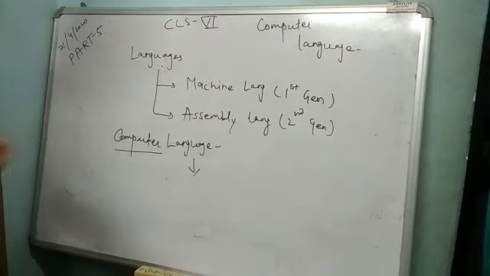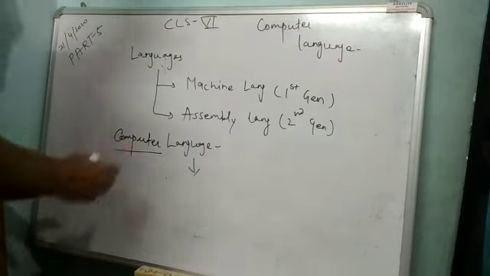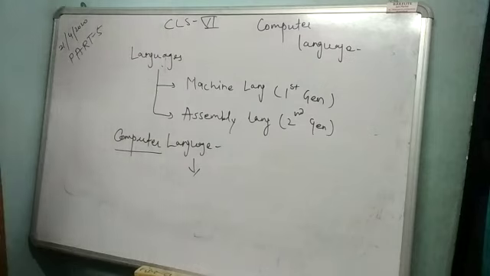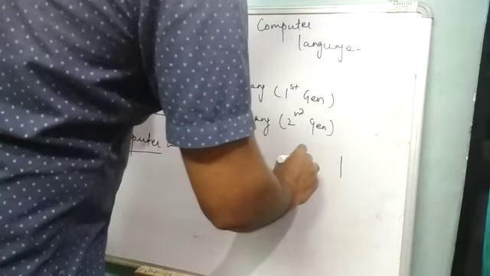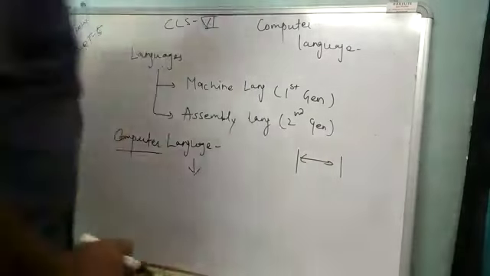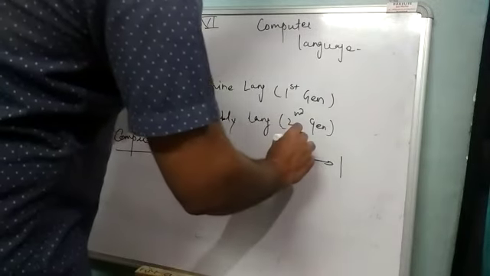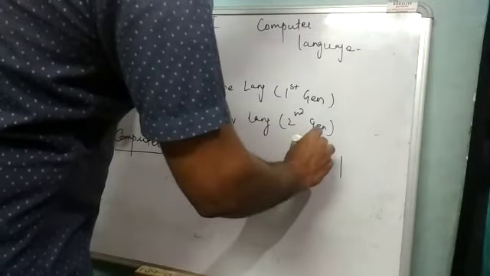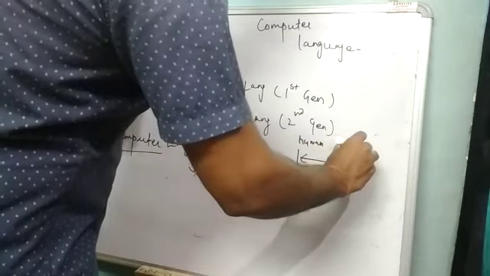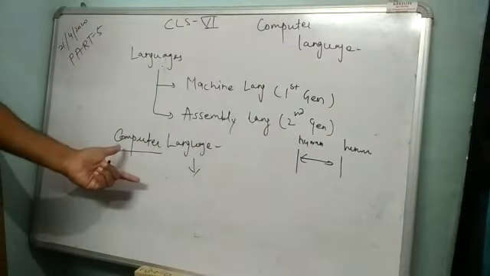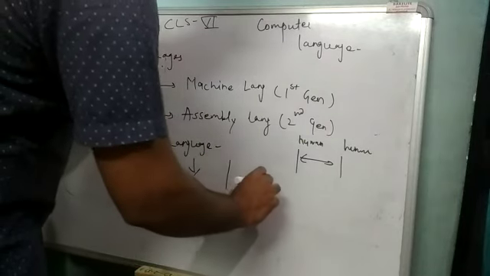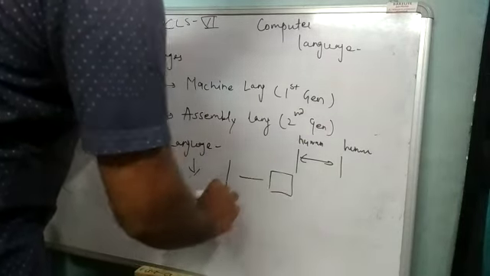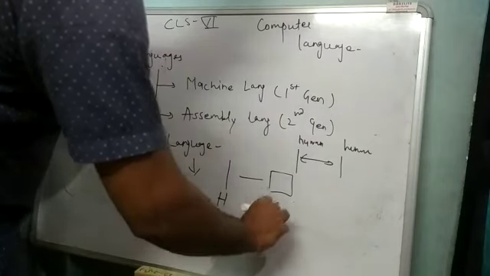But here we have another prefix, that is computer. Now you use English and Hindi to create communication between two humans. But computer languages are used to create communication between human and machine. This is human and this is machine.